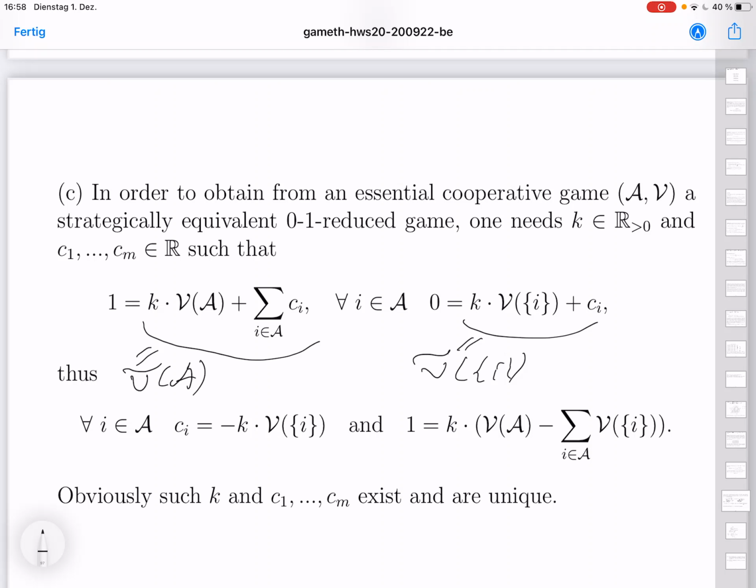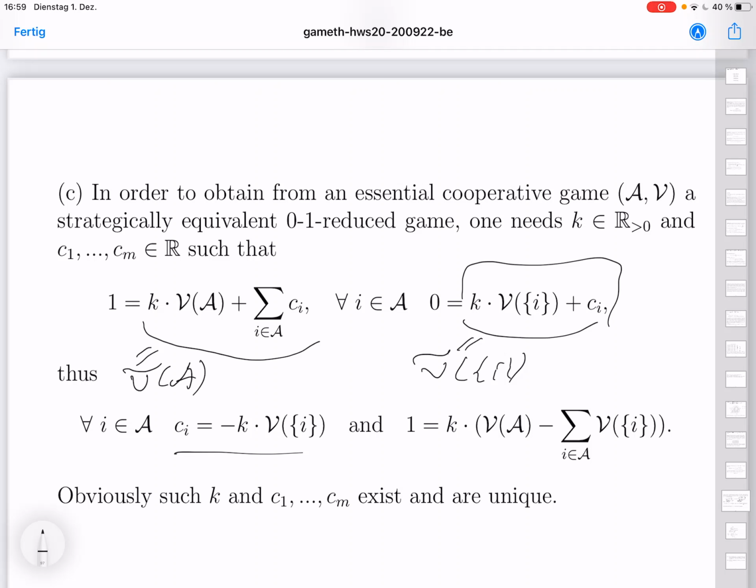So these are conditions which we impose. And now the second condition tells us that Ci is equal to minus k times V of i, where k is at the moment still unknown, but it fixes the constant Ci modulo the constant k.